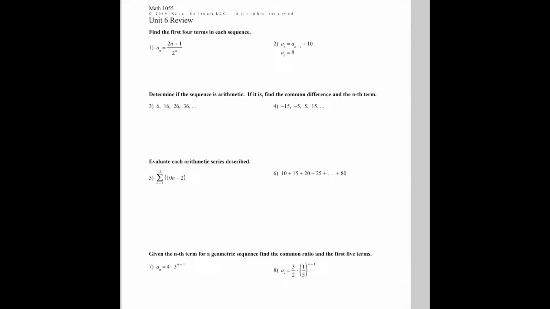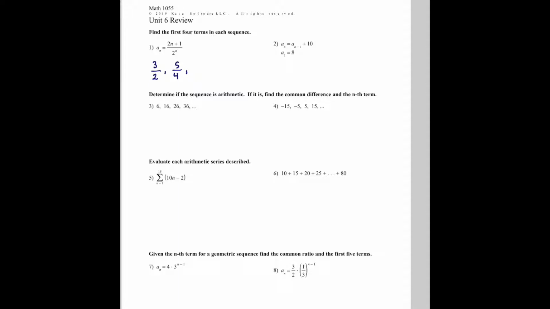So for question 1, if I want to find the first term, I plug in n equals 1. So that's going to give me a 3 in the numerator and a 2 in the denominator. To find the second term, I plug in n equals 2. That's going to give me a 5 in the numerator and then 2 squared in the denominator.